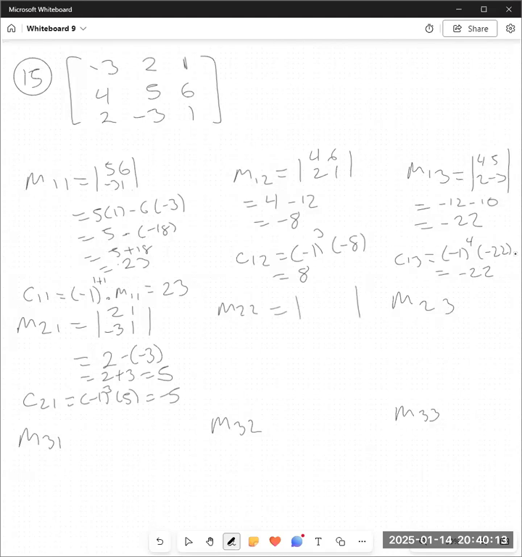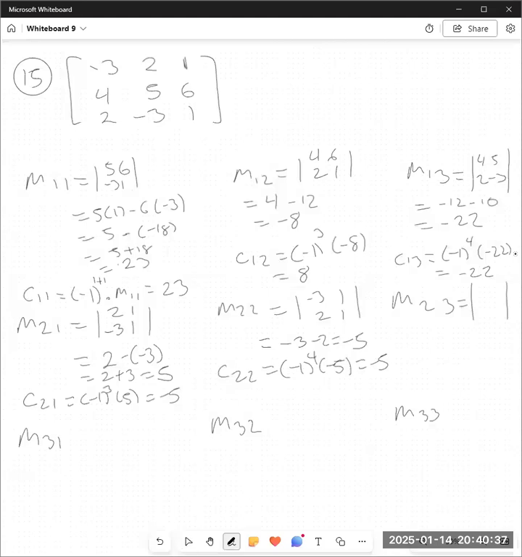M22. So if we eliminate row 2 and column 2, that's -3, 1, 2, 1, which is -3 minus 2 is -5. C22 is going to be -1 to the fourth times a -5 is a -5.